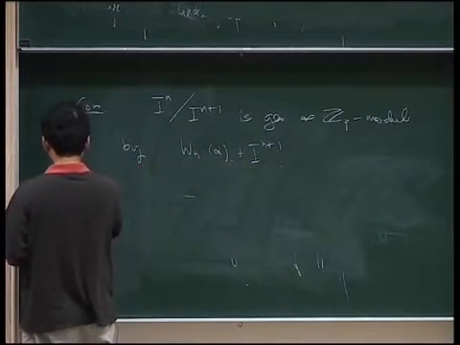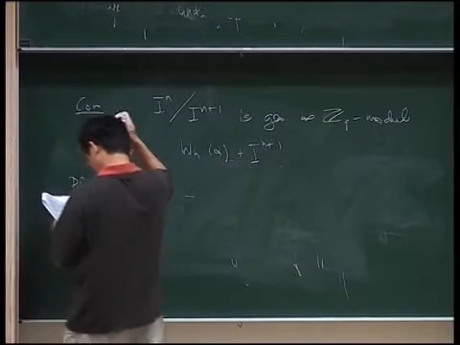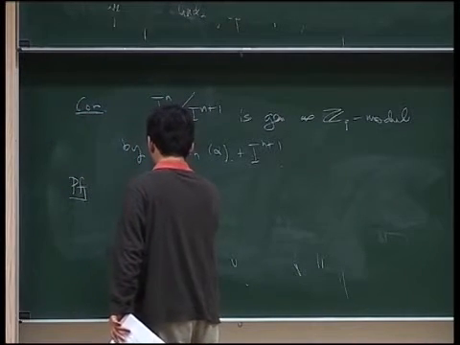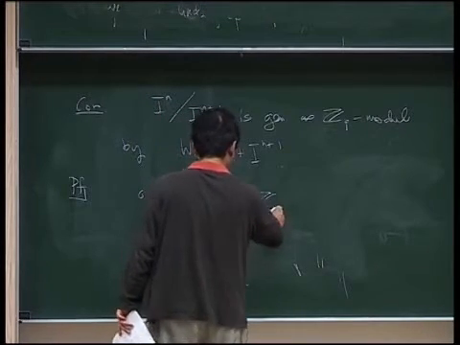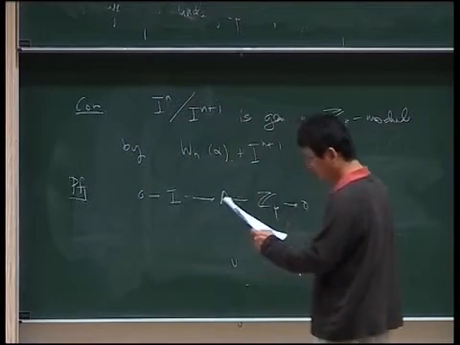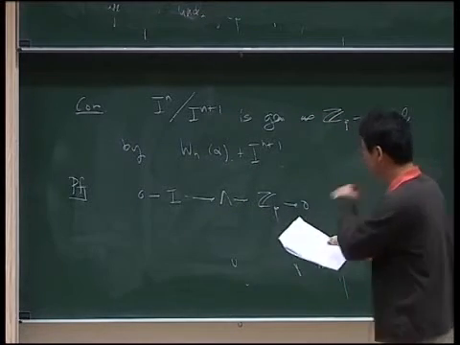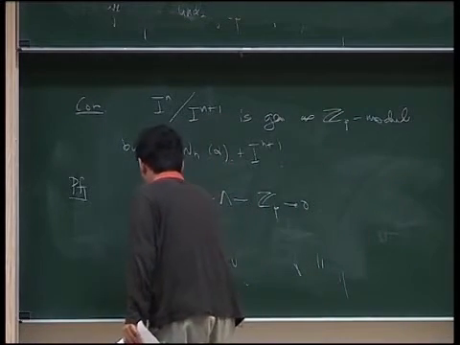And the proof is, well, we have this exact sequence: 0 goes to I, goes to lambda, goes to Z_p, goes to 0. And now we can just take the algebraic tensor product over lambda with I^n.